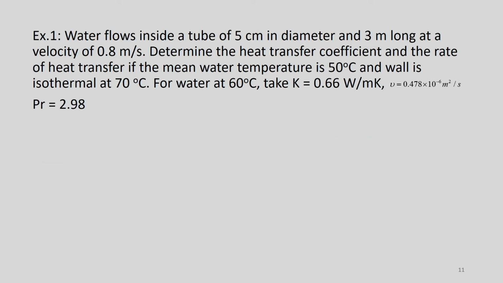At this moment we can solve a very small problem. The problem goes like this: water is flowing inside a tube. The tube diameter is 5 centimeters and the length is 3 meters, and its velocity, u infinity, is 0.8 meter per second.